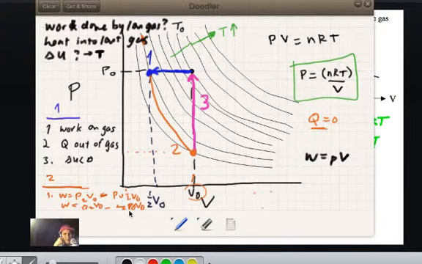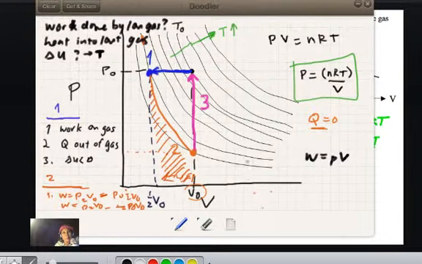Let's see. Oh, wait. Here's something else, too. We know that the work done is essentially the area under this curve. This equals the work that's done.